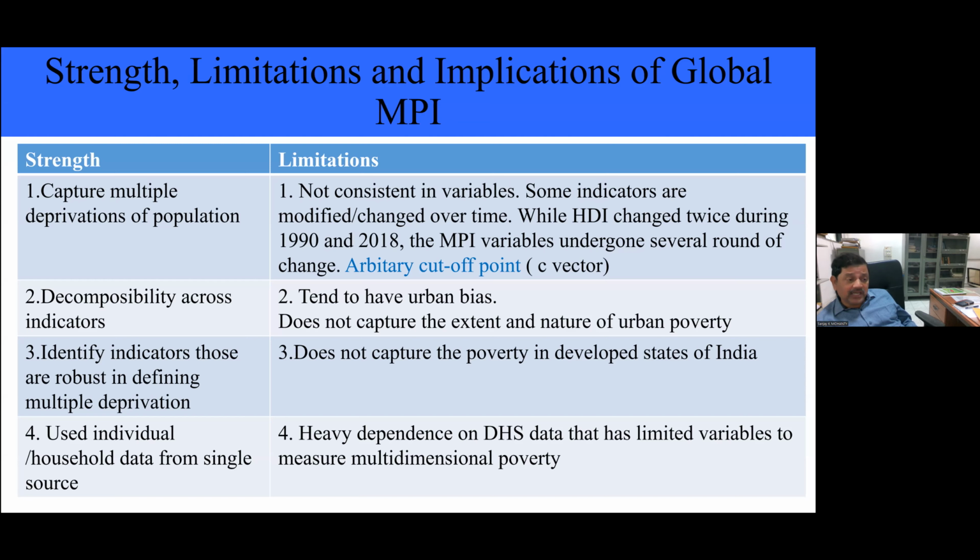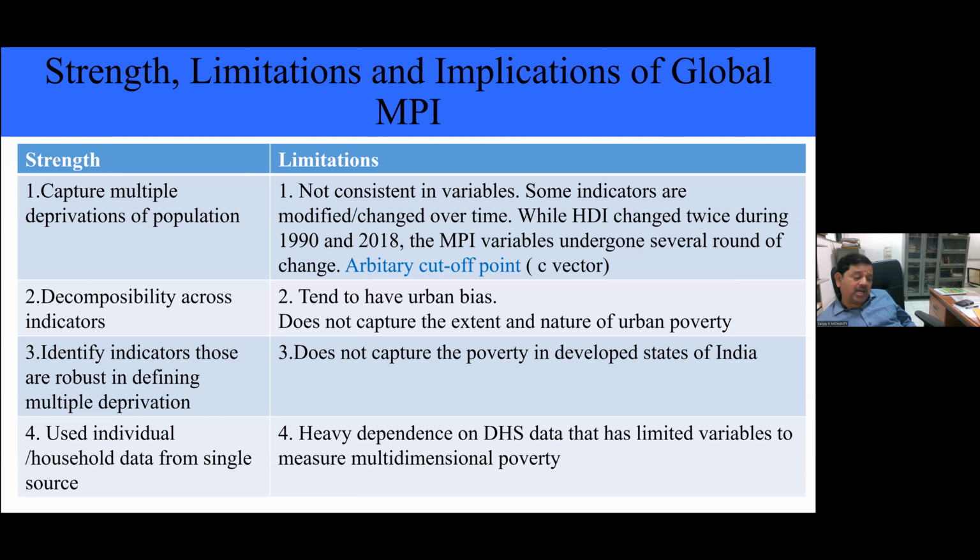While its strength is in defining multiple deprivations robustly, it is possible for a policymaker that a multidimensional poverty of less than 1% or 2% or even less than 5% has not much to do with the development of that region. So it is not able to capture the poverty in developed states of India.